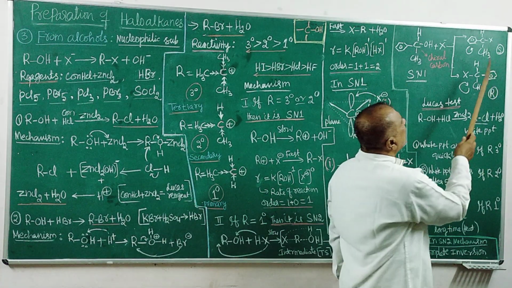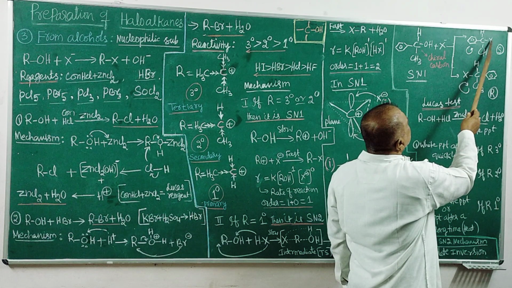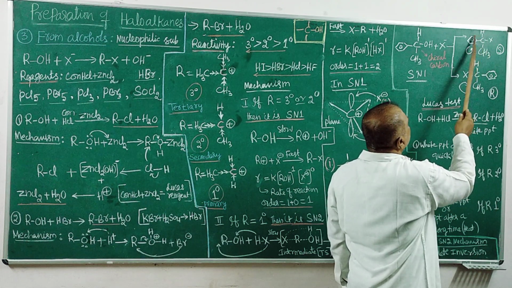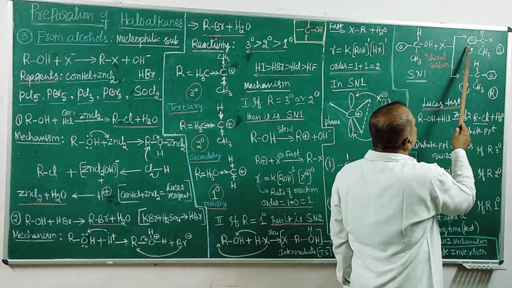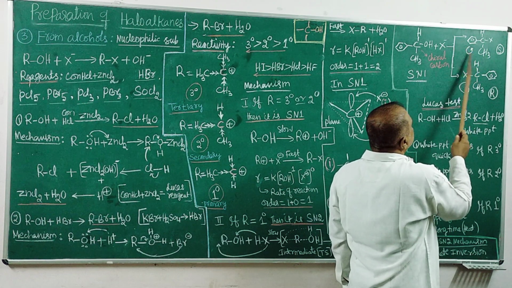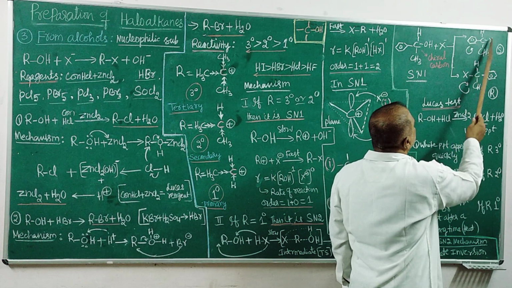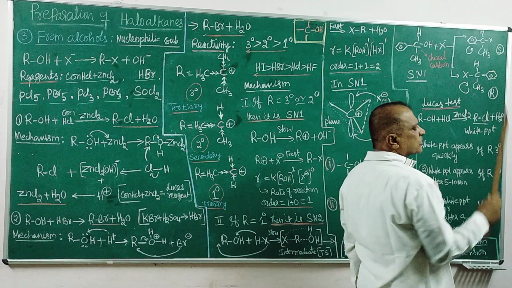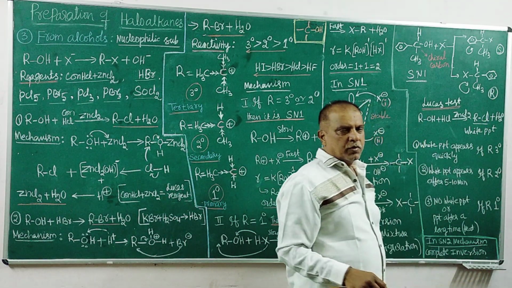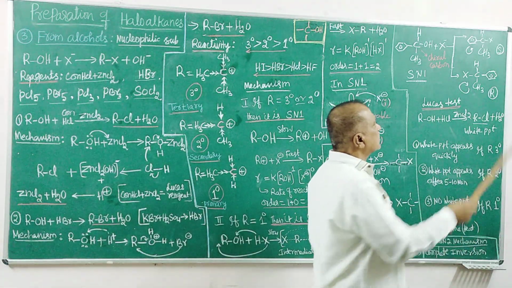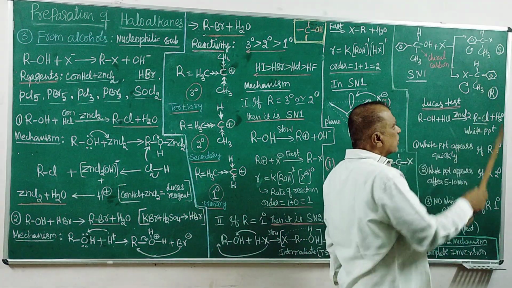So let us learn the order of priority: first, second, and third. If the order of priority is anti-clockwise, it is called S configuration.